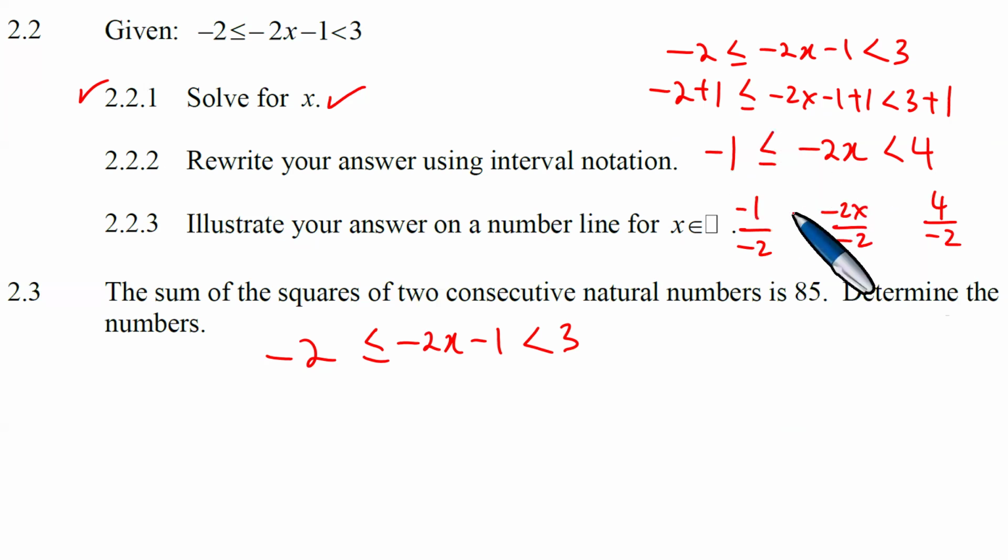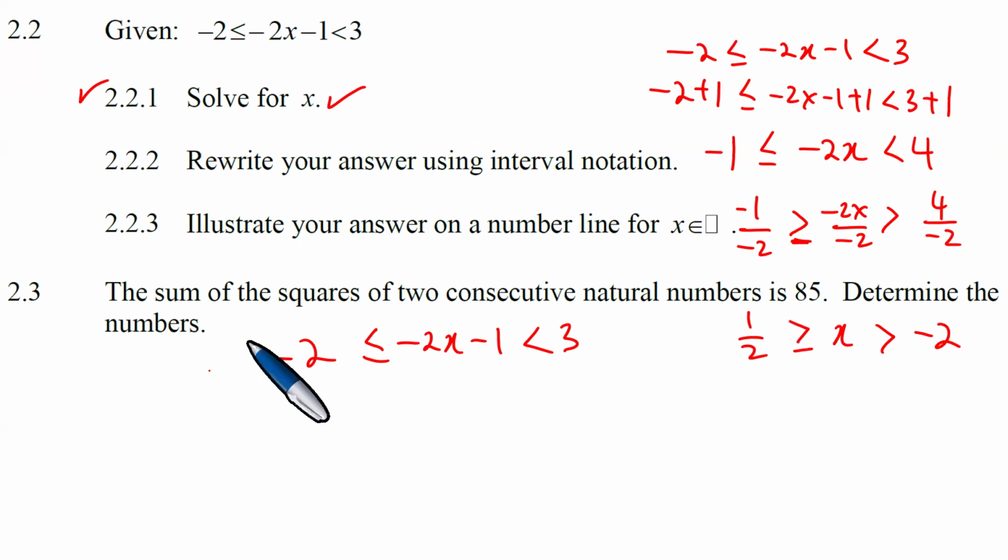Because it is less than, it becomes greater than or equal to. At which point, here you have 1/2 is greater than or equal to... what is negative 2 divided by negative 2? They cancel. And this is the answer we get, and then we are done. It's a final answer.